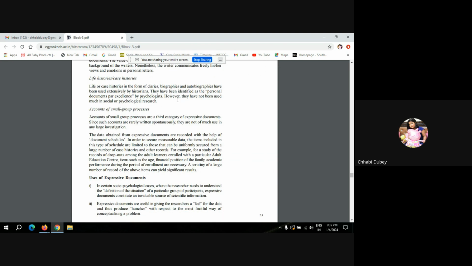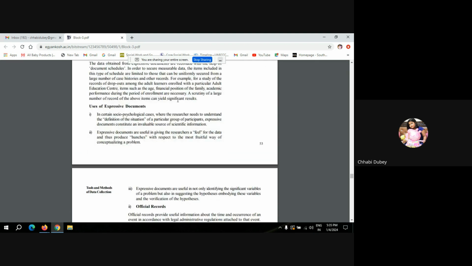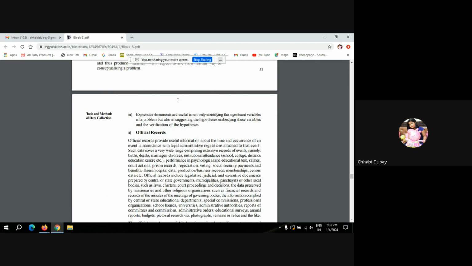And after that, we can also have what are known as the official records, which is generally the information that we get from government records. These could be related to records of death, birth, marriages, divorces, or even things like institutional attendance.